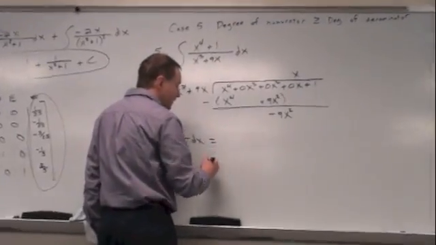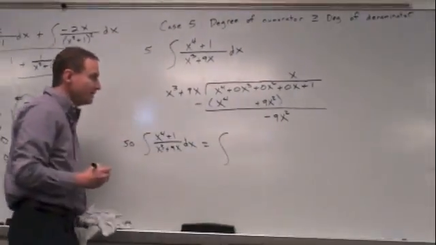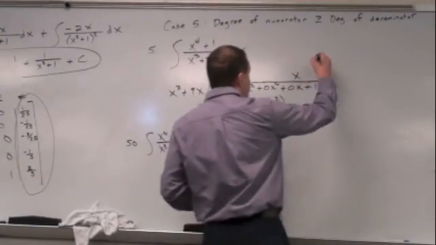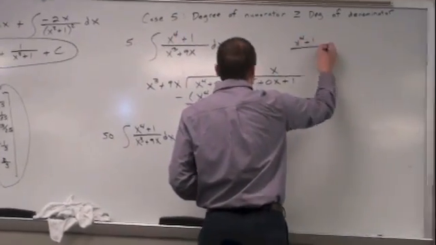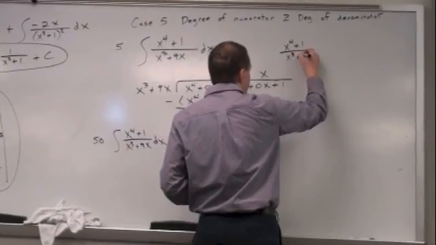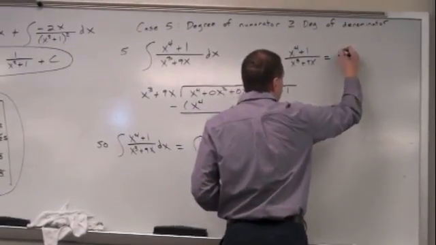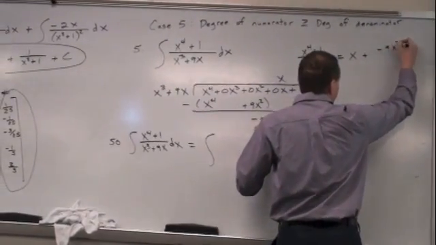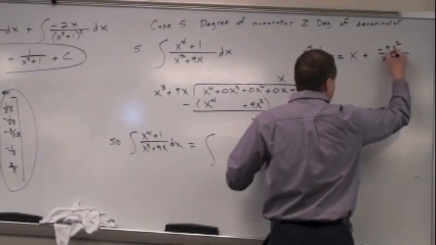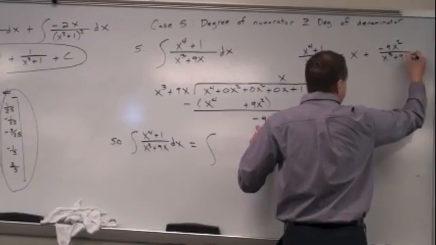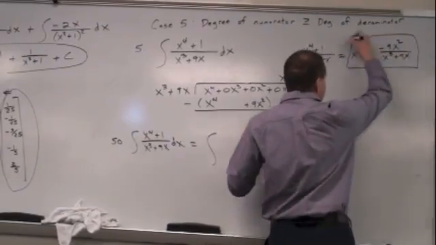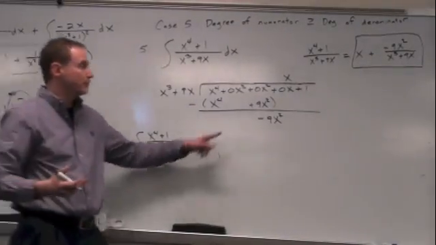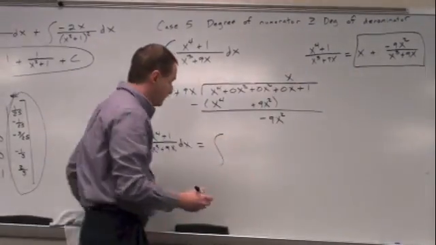And I can say it's equal to the integral of x, because here I've just shown that x to the fourth plus 1 over x cubed plus 9x is equal to x, and then plus negative 9x squared over x cubed plus 9x. That was the point of the long division to get to that. So now I can integrate it and say, well, my first integral is just going to be this term with respect to x.